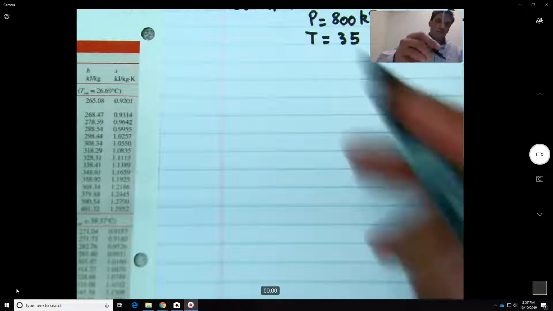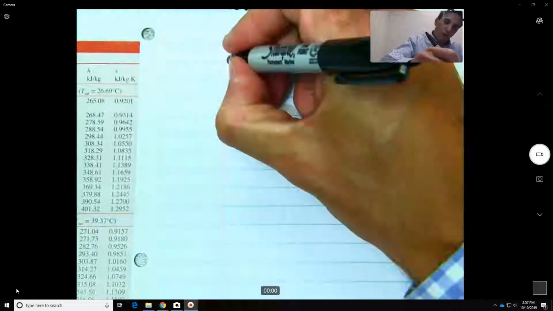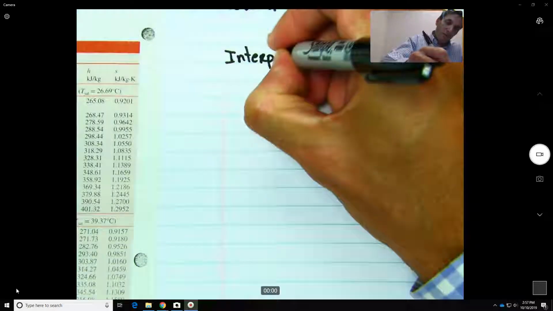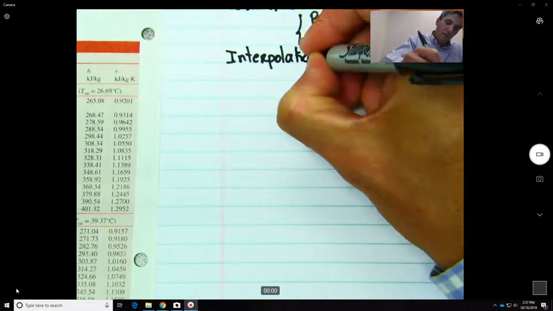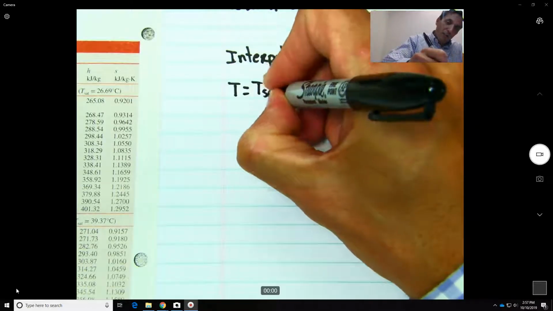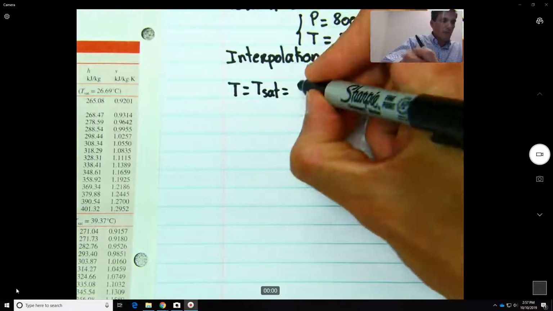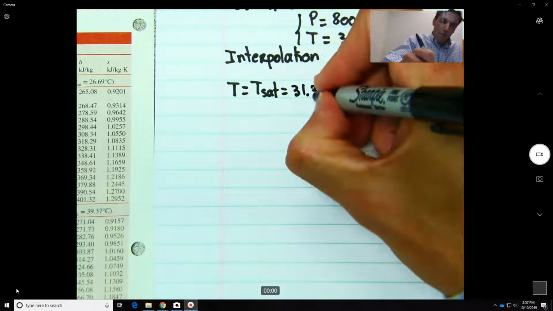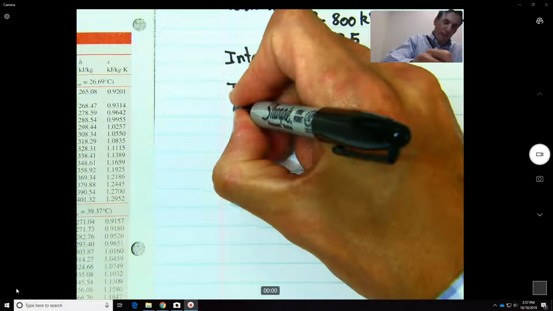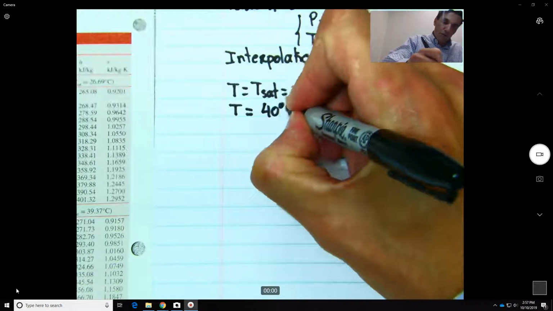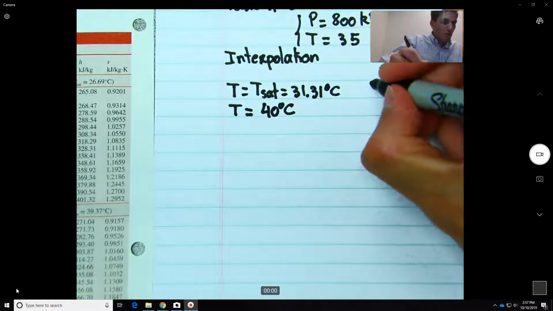So over here we need to do the interpolation. At T saturation, which is, let's see, 31.31 degrees Celsius, and T equals 40 degrees Celsius, what do we have?